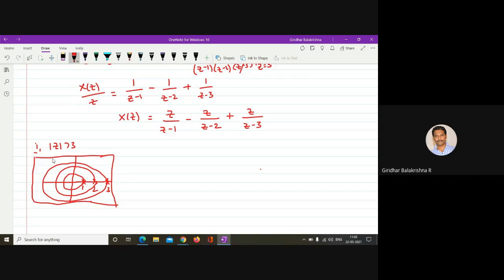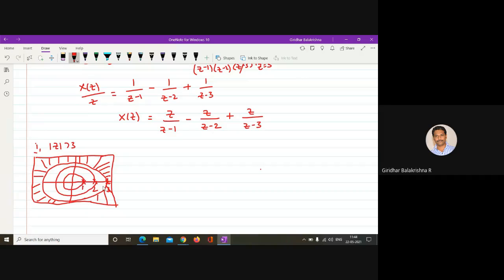What is the condition they have given? Mod z greater than 3. So the ROC lies exterior to the circle. So for 1, 2 and 3, is it a causal system or not?